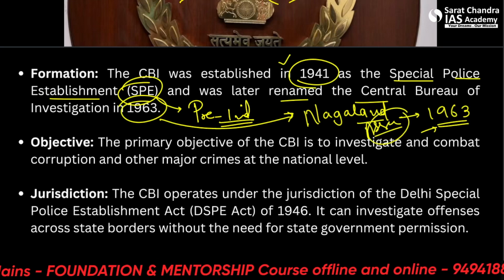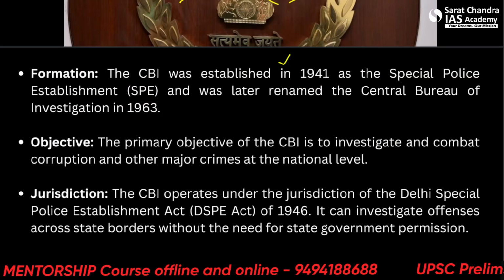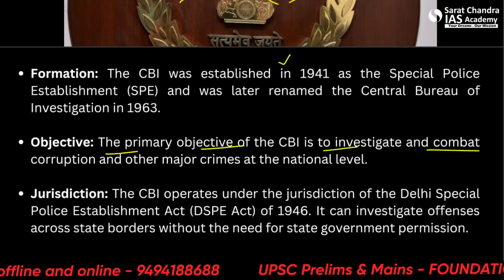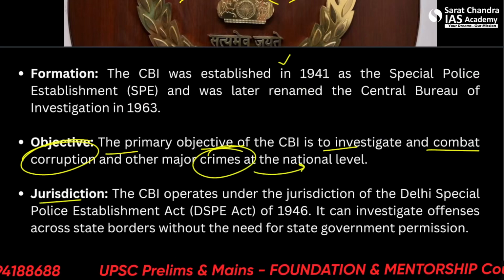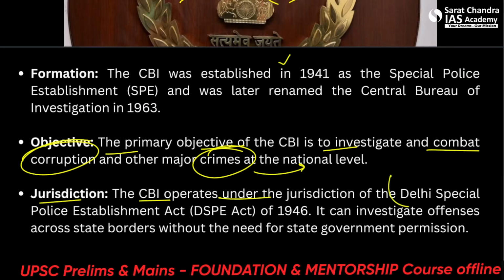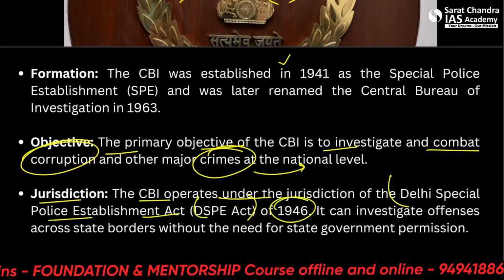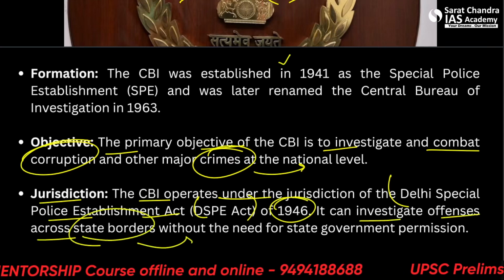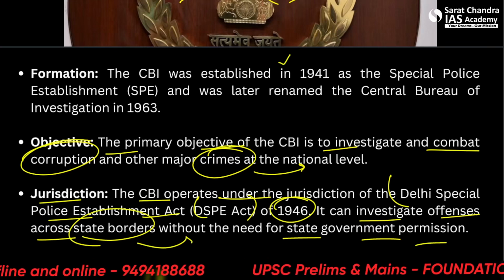These are small details you can remember one from another. The primary objective of the CBI is to investigate and combat corruption and other major crimes at the national level. Jurisdiction: the CBI operates under the Delhi Special Police Establishment Act, that is the DSPE Act of 1946. It can investigate offences across state borders without the need for state government permission. But there is a consent issue.